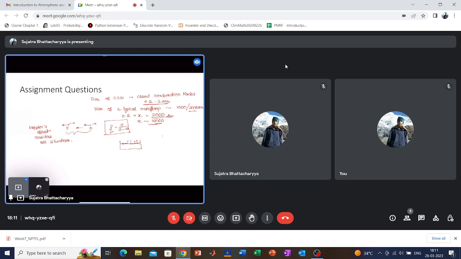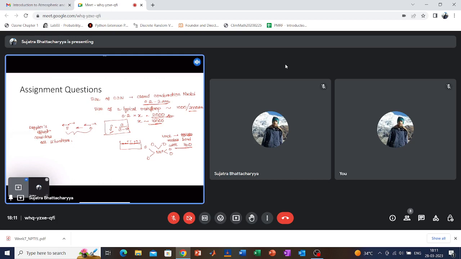Also, some salts like NaCl make bonds with water. So this Na plus is there, and you have oxygen like this way. It forms a bond, so it does not allow the water vapor molecule to just vaporize away.